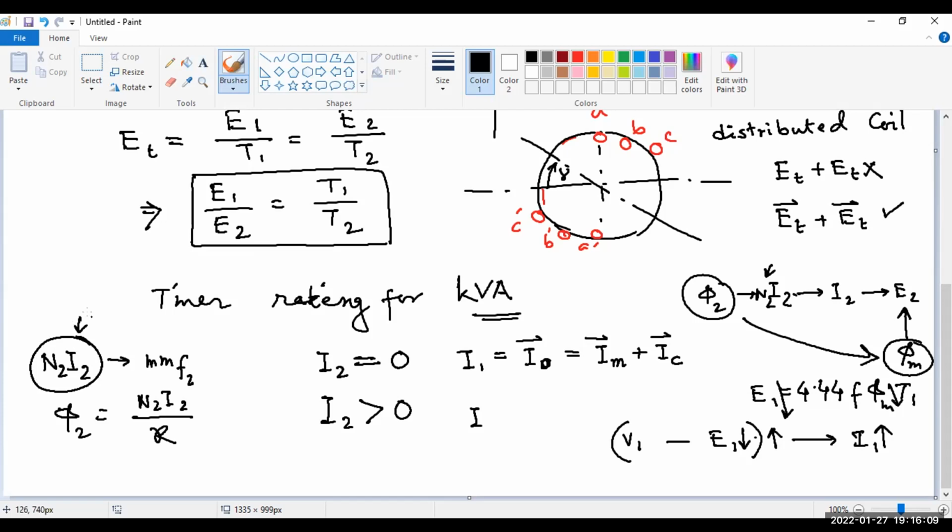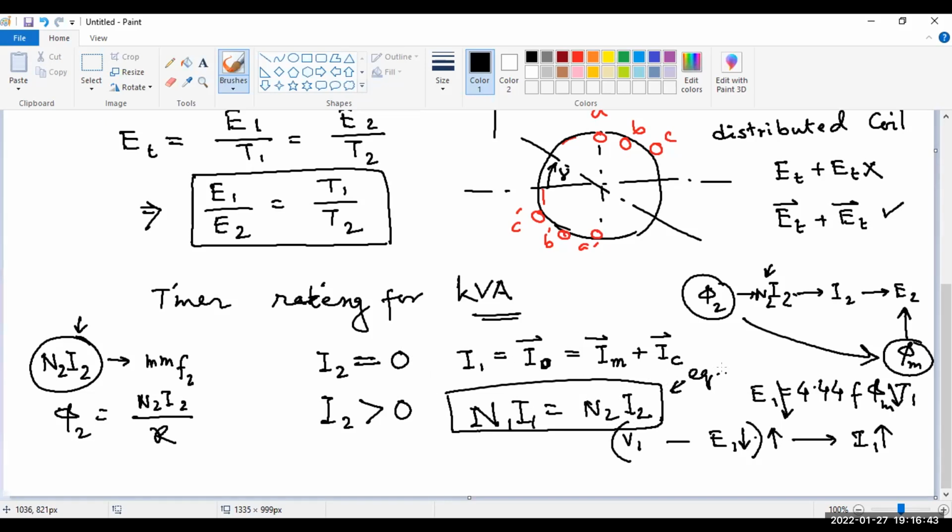When it is nullified by the primary current, the game will end and we will have an equilibrium point. That equilibrium point is basically N1 I1 equals N2 I2. This is called the MMF balance in a transformer. So this will give you the equilibrium condition.